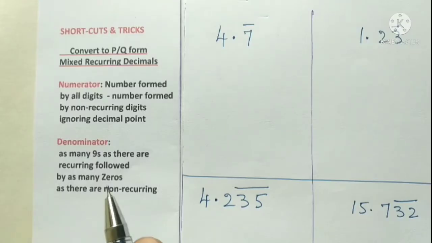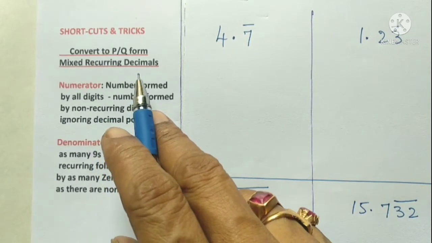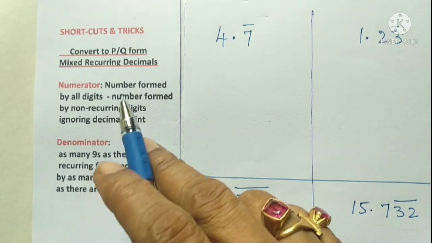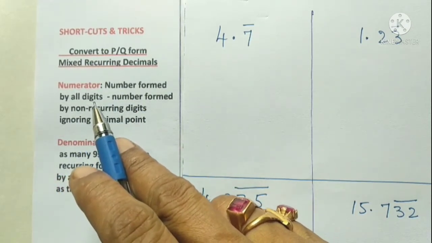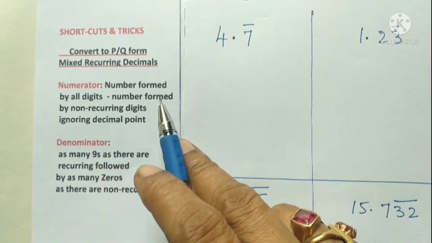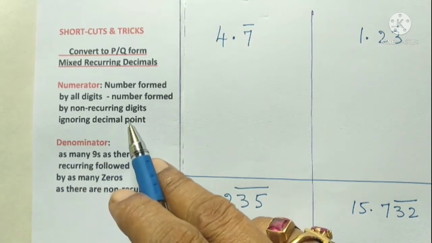In case of mixed recurring decimal, let us see how to solve this. We have numerator and denominator. In the numerator, the number formed by all the digits minus the number formed by non-recurring digits, ignoring the decimal point.